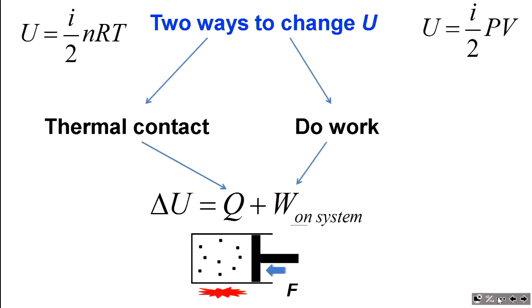But this equation is not very convenient to use because this is work related to the external object, my hand, and the heat and internal energy related to the system, the gas.